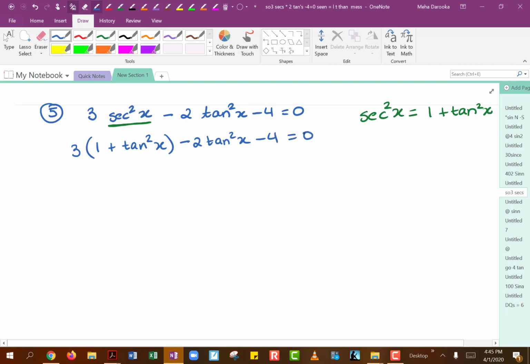So the first thing we're going to do is go ahead and distribute this 3 inside the parentheses. 3 times 1 is 3. 3 times tangent squared of x minus 2 times tangent squared of x minus 4 equals 0. So you can combine positive 3 with negative 4.